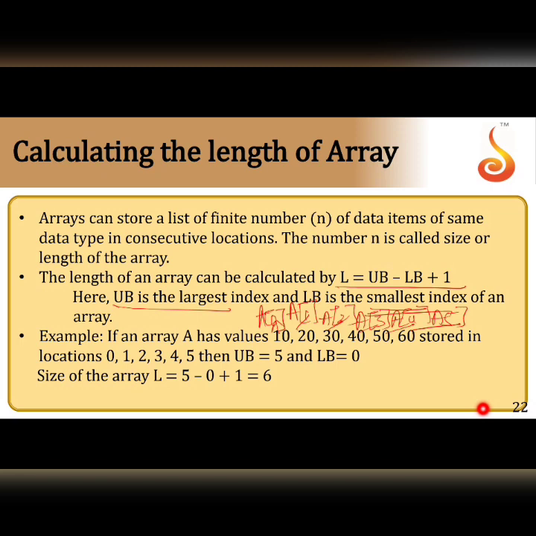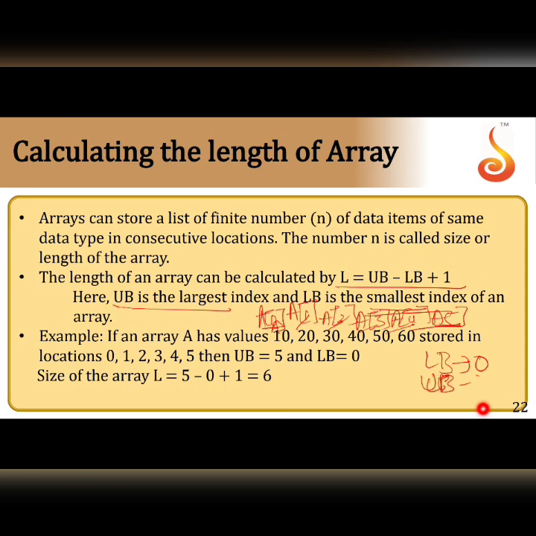So in this, which is the smallest index value? It is 0. So that is why the lower bound is the smallest index value, which is 0. Upper bound is the largest index value. So what is that? 5. Correct?